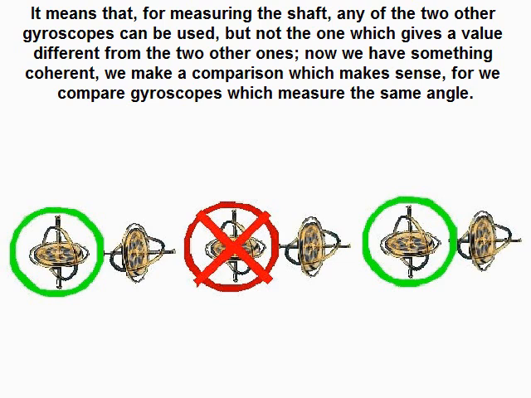It means that for measuring the shaft, any of the 2 other gyroscopes can be used, but not the one which gives a value different from the 2 other ones. Now we have something coherent. We make a comparison which makes sense, for we compare gyroscopes which measure the same angle.